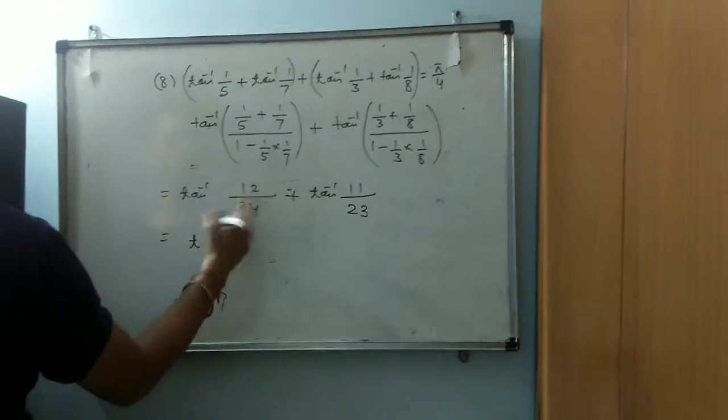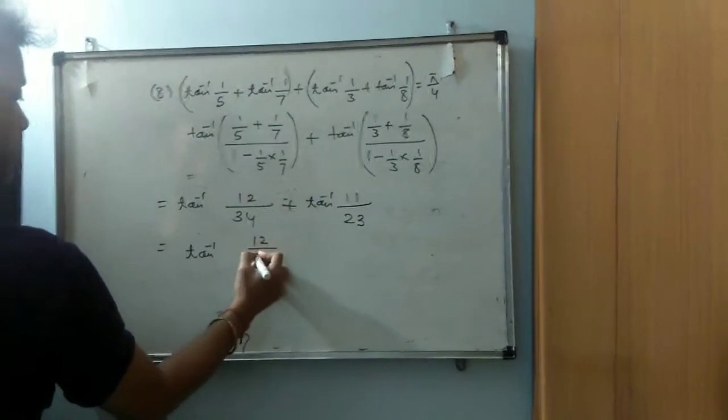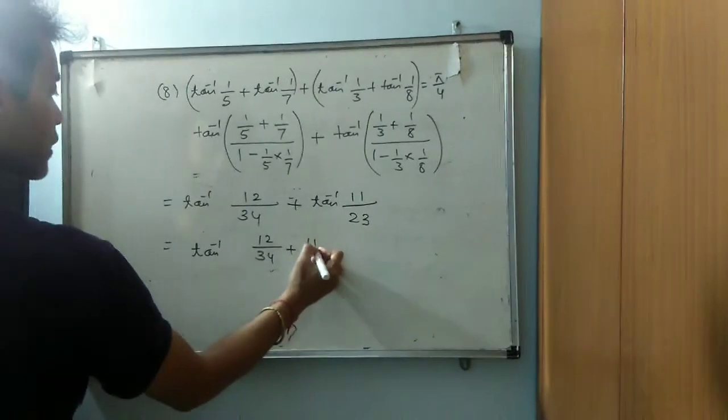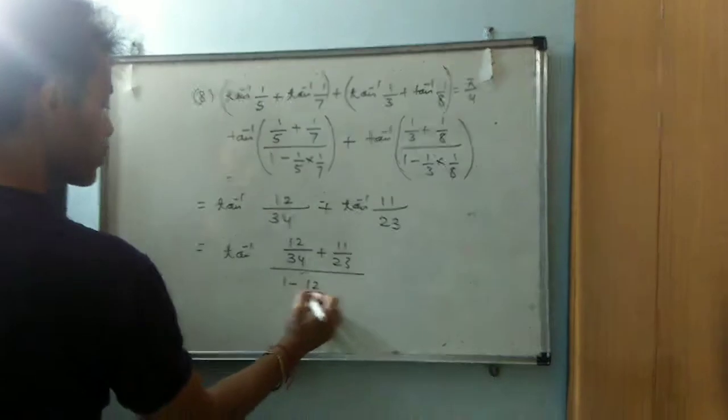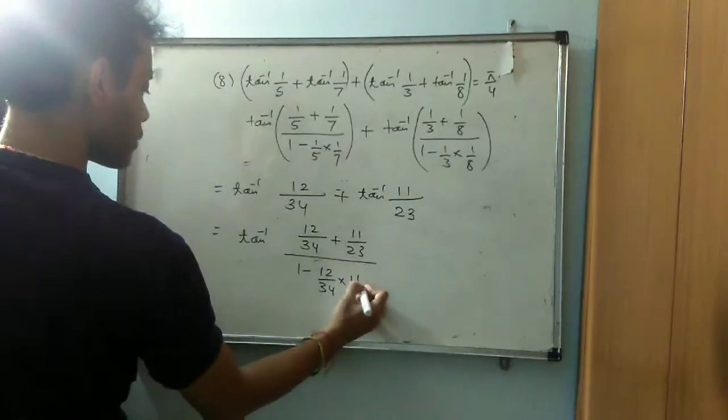We need to apply the identity once again, which gives us 12 upon 34 plus 11 upon 23 whole divided by 1 minus 12 upon 34 into 11 upon 23.